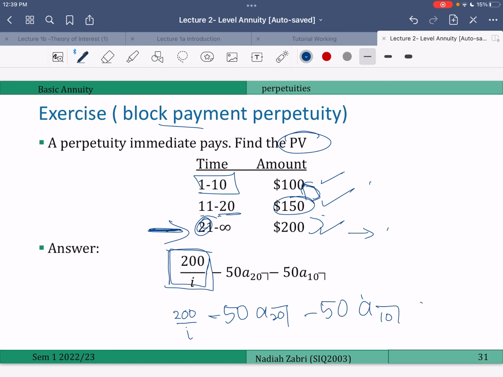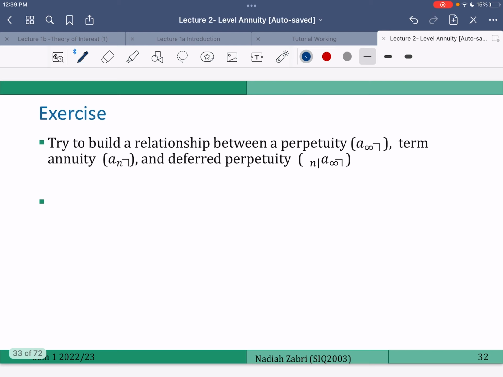Okay. Next, try to build the relationship between a perpetuity, term annuity, and deferred perpetuity. Okay, a perpetuity, what does it consist of? Perpetuity is one payment of 1 until infinity, right? This is t.